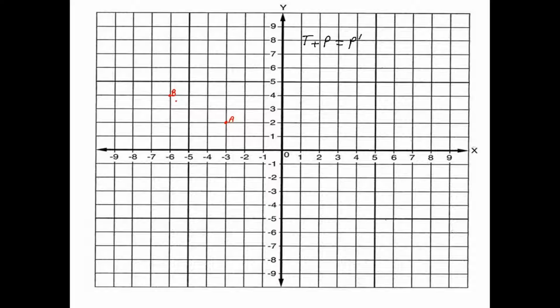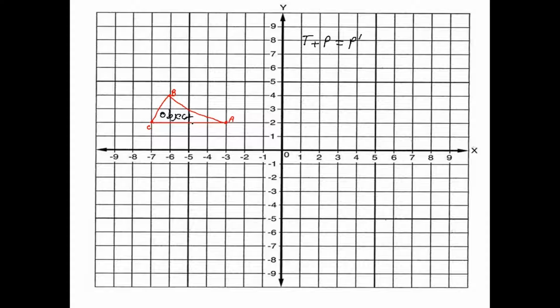And our C point is (-7, 2). Try to join these points. Okay, that is our object with the coordinates.